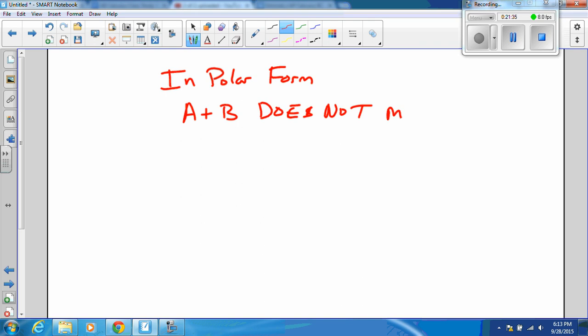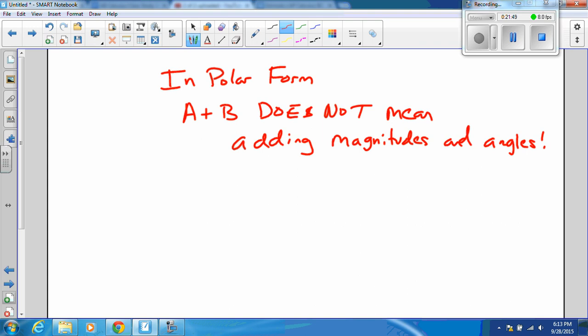Because, I'll say this very emphatically, for vectors in polar form, a plus b does not mean adding magnitudes and angles.